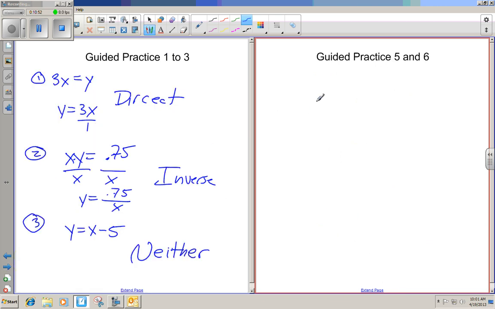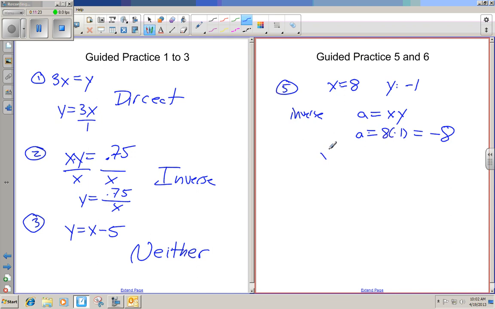5 and 6, you're actually coming up with the direct variation. Number 5, well, let's see here. It says they vary inversely. So we're given that x is 8. We're given for number 5 that y is negative 1. We're told that they are inverse. So the constant is x times y. Therefore, the constant is 8 times negative 1, or negative 8.